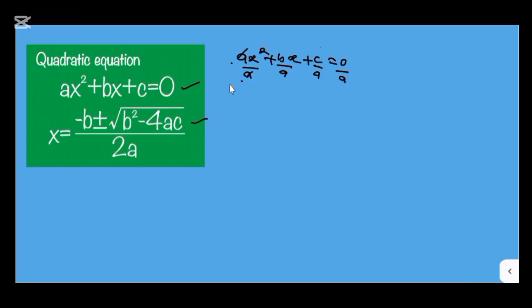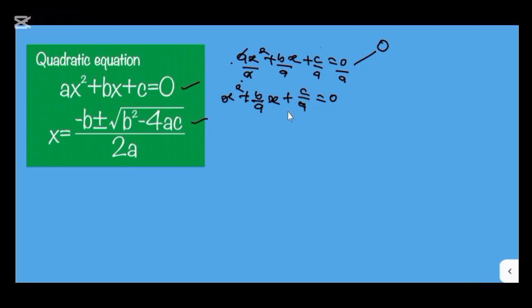This will cancel this. And this automatically will give you 0 here. So what do you have left? You have x squared plus b over a x plus c over a equal to 0. This is what you have.